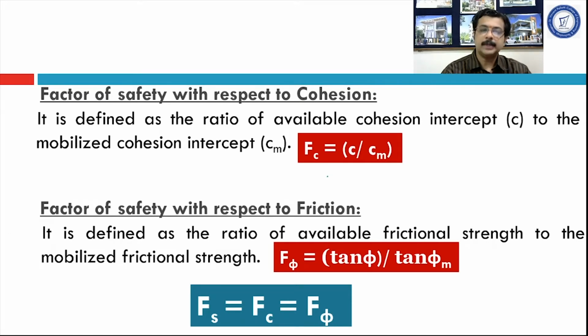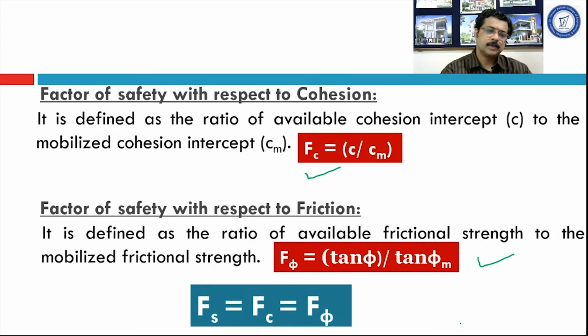So Fc is equal to C upon Cm. Factor of safety with respect to friction, that is angle of internal friction, is defined as the ratio of available frictional strength to the mobilized frictional strength, that is Fphi equals tan phi upon tan phi m.